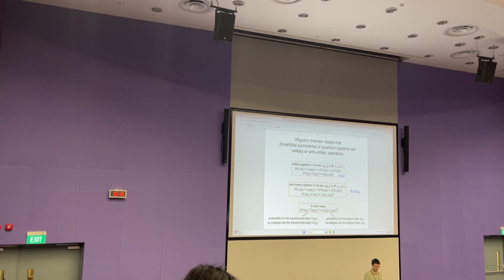This is still something you can define, and based on this, you can define a complex conjugation. We will talk more about that later. But what's more important is really not the Hermitian conjugation, but the inverse of the anti-unitary symmetry. In fact, for unitary symmetry, what's important is also the inverse. It just happens that for unitary operations, the inverse is the Hermitian conjugation.